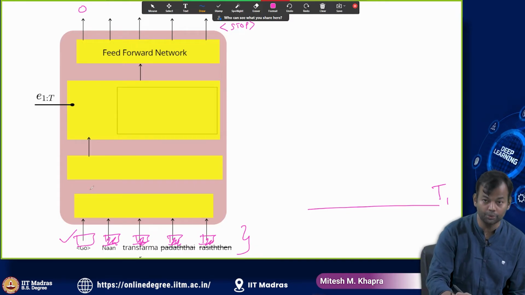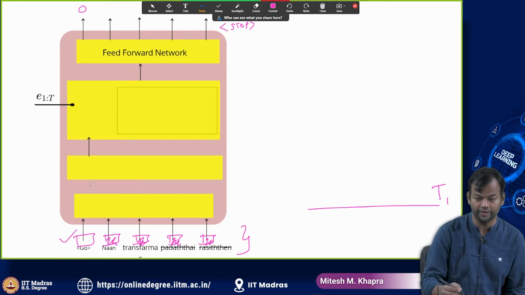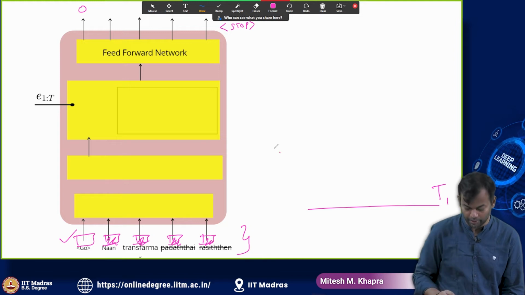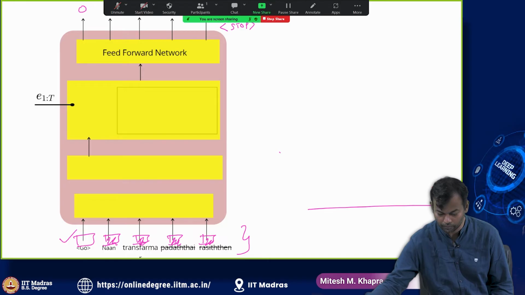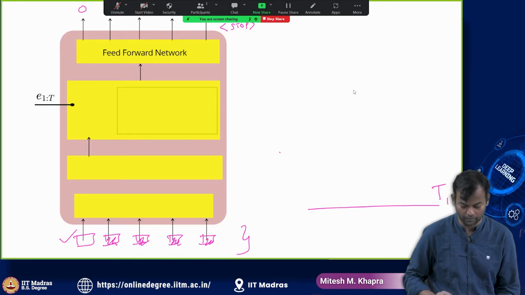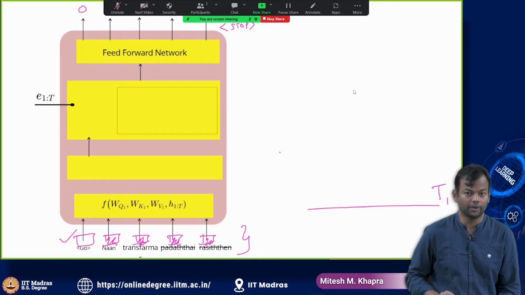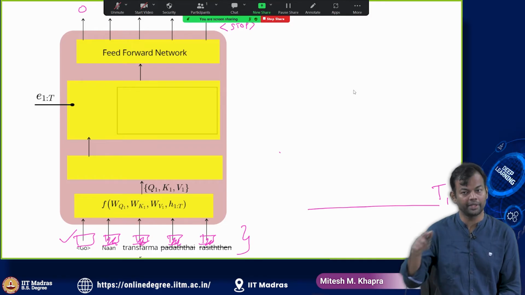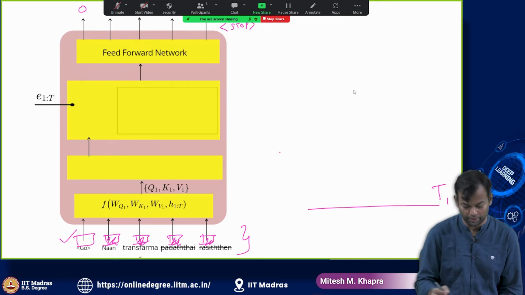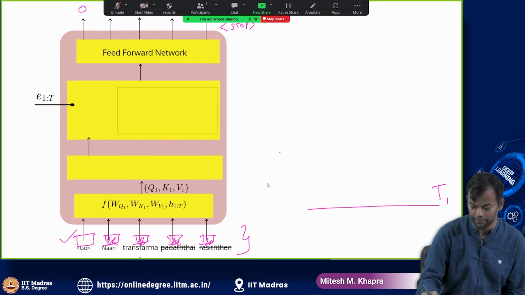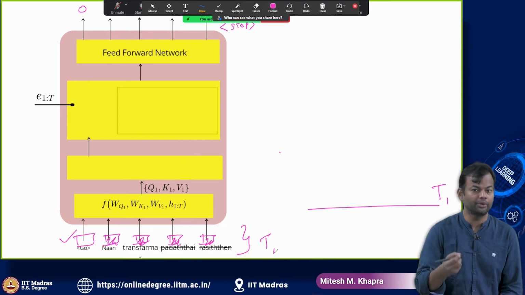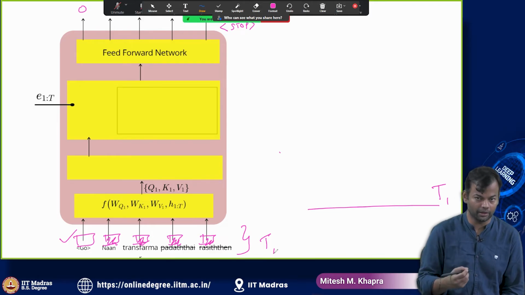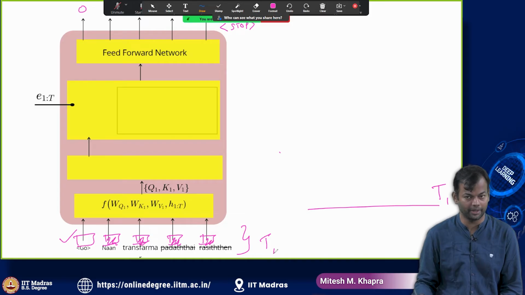And now what are you going to do for each of these? You are going to compute the Q, K and V vectors, right? So these are the capital T1 inputs given to you, right? And you're going to compute the Q1, K1, V1, right? The Q matrix, the query matrix, the key matrix and the value matrix, right?